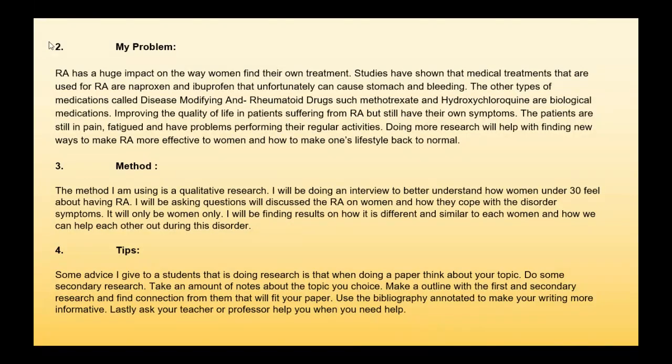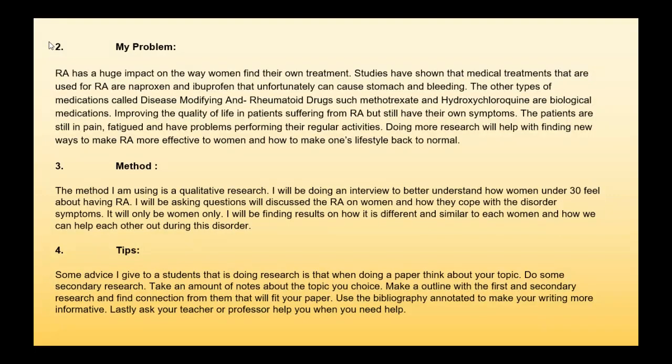The other type of medication is called disease-modifying antirheumatic drugs, such as methotrexate and hydroxychloroquine. These biological medications improve the quality of life in patients suffering from RA, but they still have symptoms. The patients are still in pain, fragile, and have problems performing their regular activities.